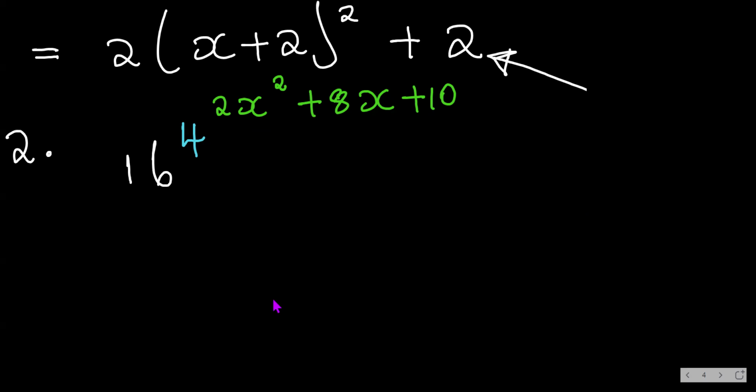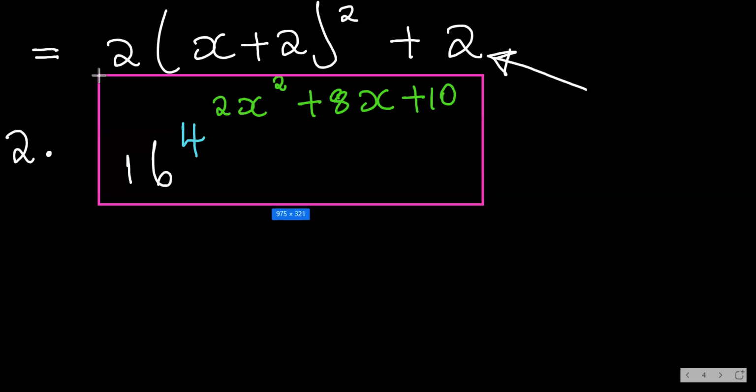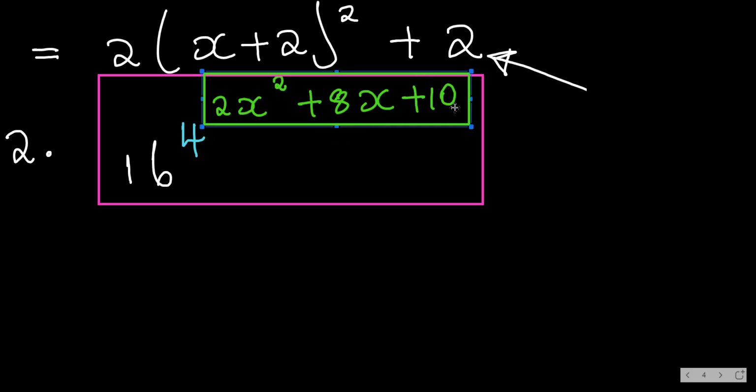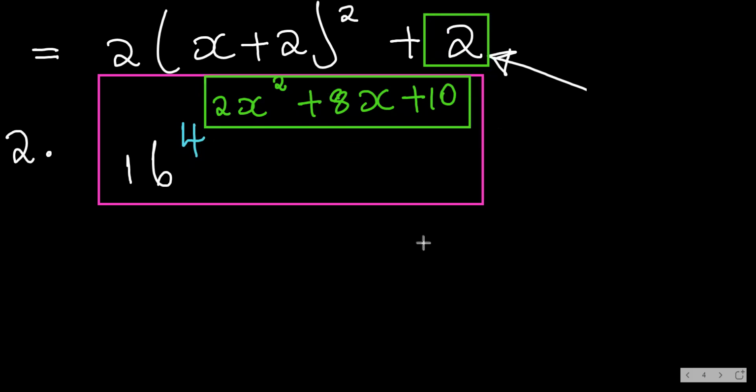The question is asking us to determine the minimum value of this. But there's something we can see here. We can see that the minimum value of this expression that is inside is actually going to be 2.